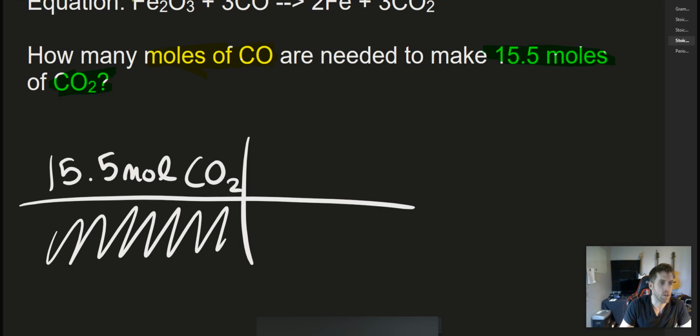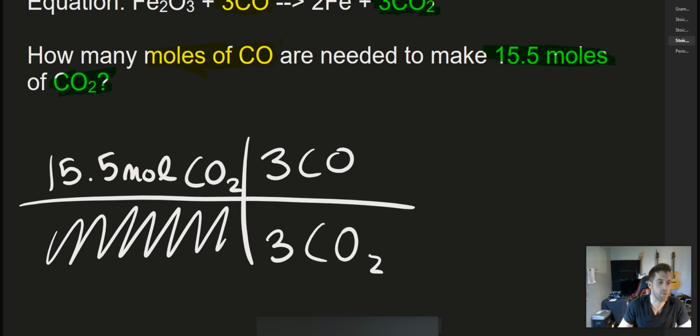Okay, so we look at our equation up top and we see that there's a coefficient of 3 for the carbon monoxide, and we find that our CO2 has 3 as well. So this will be a nice and easy one. We have 3 CO2 on the bottom and 3 CO on top.